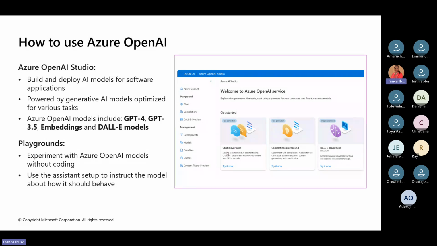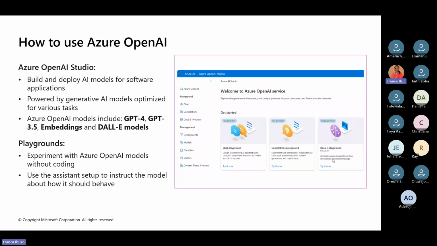There you have the chat playground, the completions playground, and the DALL-E playground. I did mention DALL-E is used to generate unique images by writing descriptions in natural language.